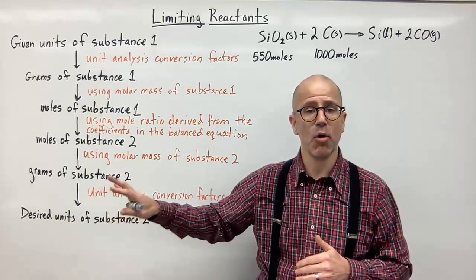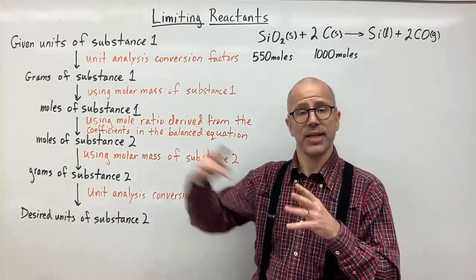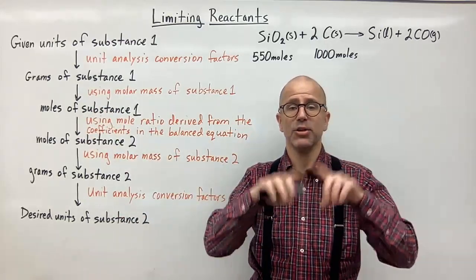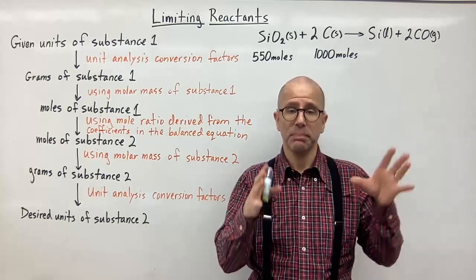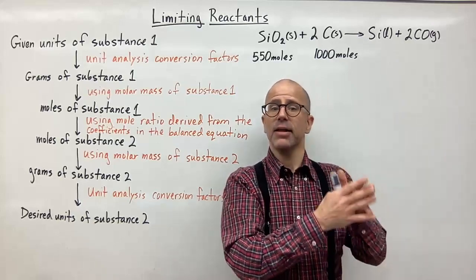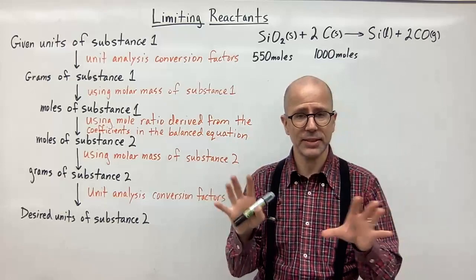You can't get any more from that reactant, no matter if the other reactant says, hey, I can get more. Well, no, you can't, because the reactant that you can get more product from depends on reacting with the other reactant that gives you less. Okay, so I'm hoping this is clear.